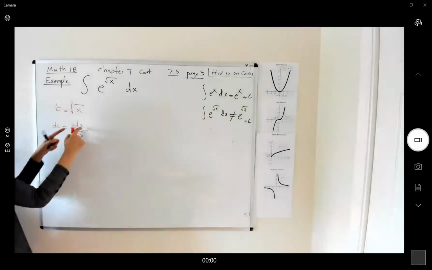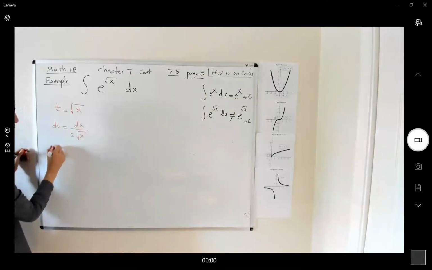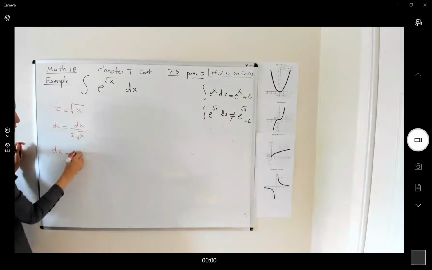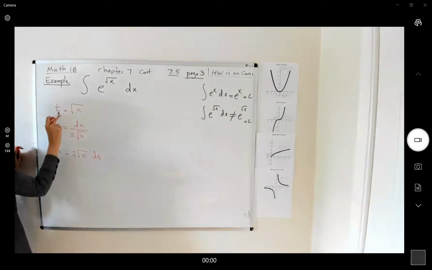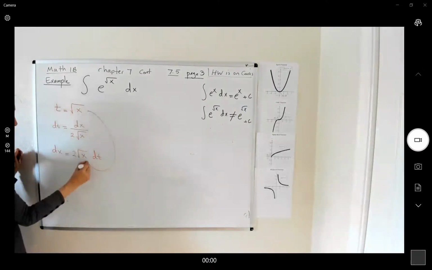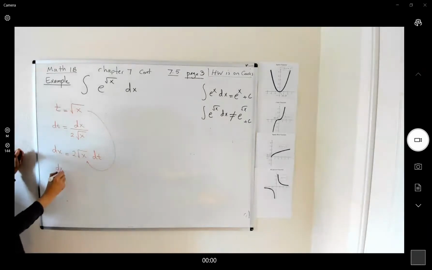So my dx is equal to 2 times square root of x times dt. And since t is equal to square root of x, I'm going to replace that here. So my dx is nothing but 2t dt.